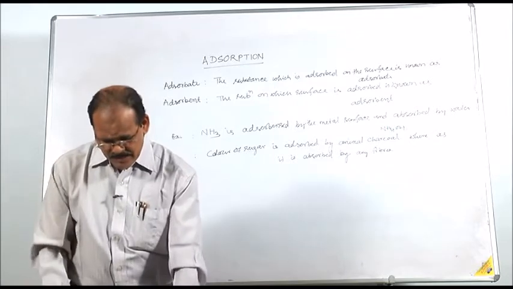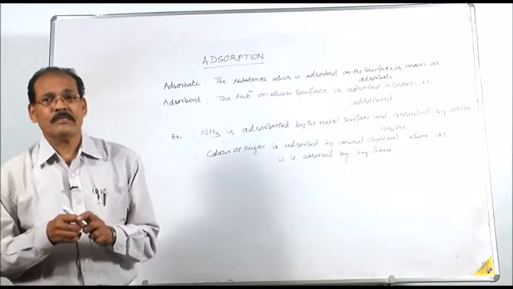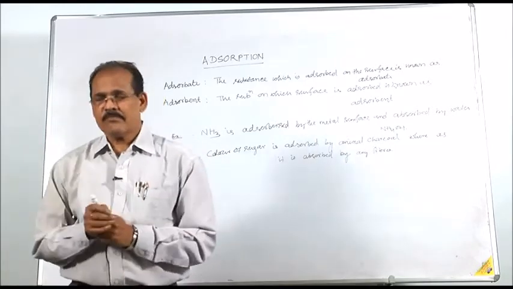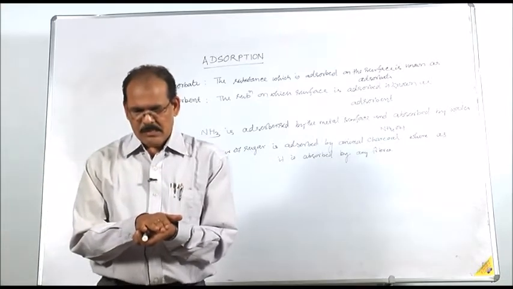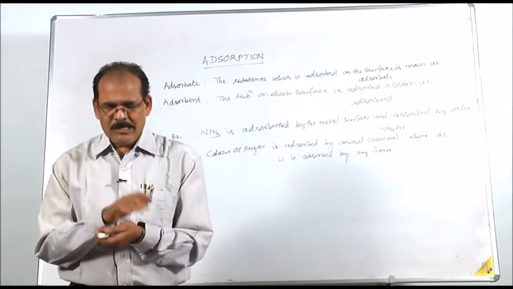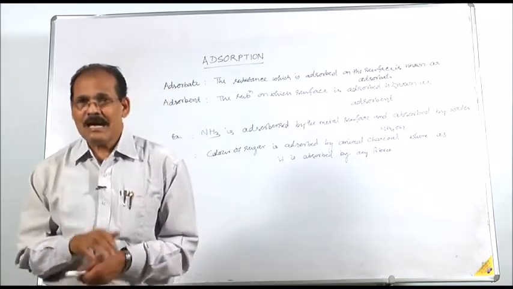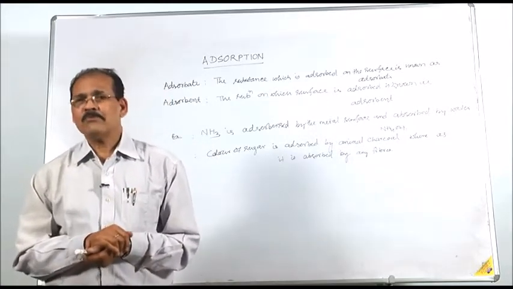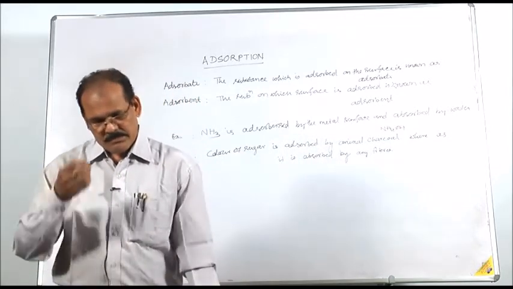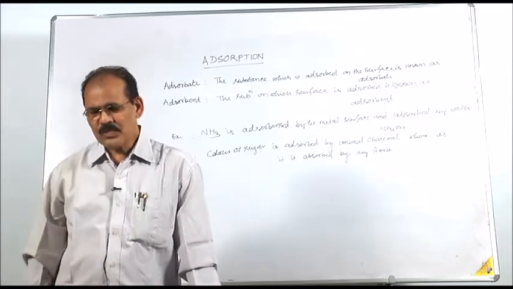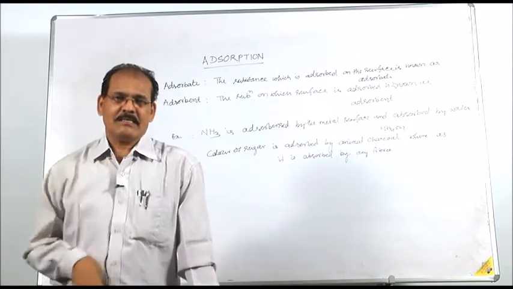But we have already observed that some substances, such as filter paper or blotting paper, whenever you patch over ink or water, soak the water molecules. That means it is absorbed. Sometimes you have observed that in small instruments or a thermoflask, a small packet is there.